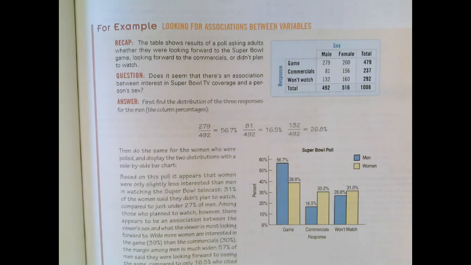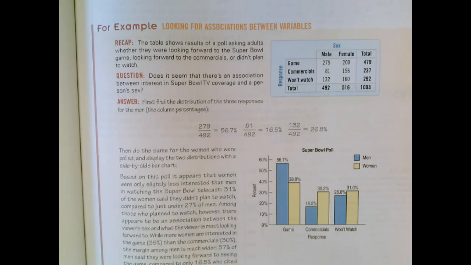Because it would be saying that it doesn't matter what your sex is. Let's just pretend, let me just average these out. Say these were identical at like 45%, and say these were identical at like 20%. And what is that, 65? So then this would have to be 35? So it's a little off, but whatever.